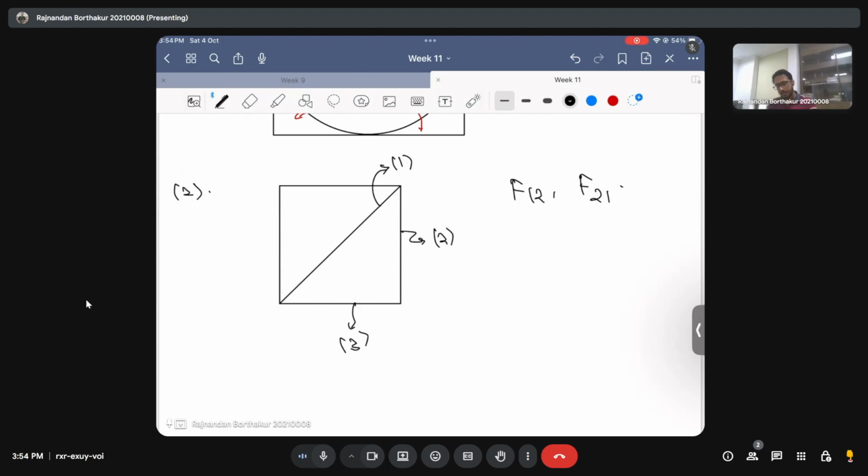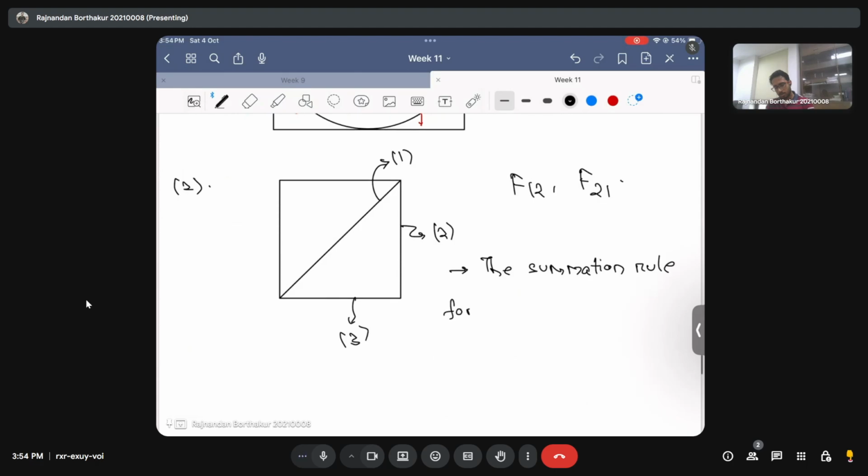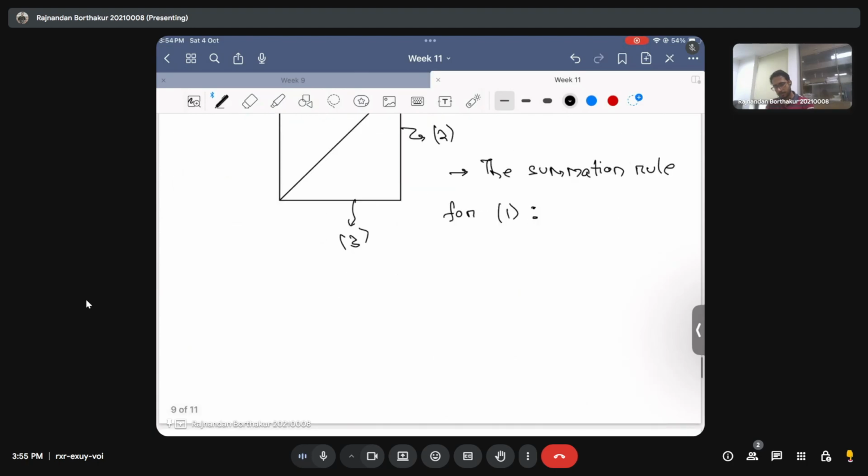principle will apply, that first we'll apply the summation rule for 1, which is the partition. And if you apply the summation rule, you can see that F11 plus F12 plus F13 is basically equal to 1.